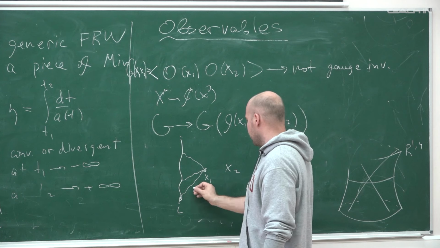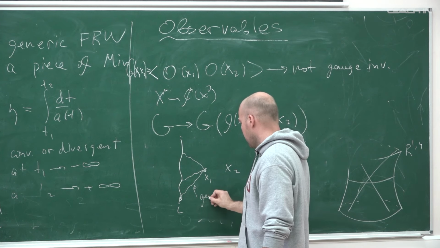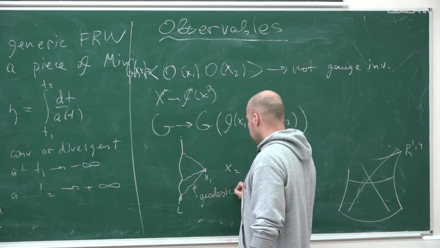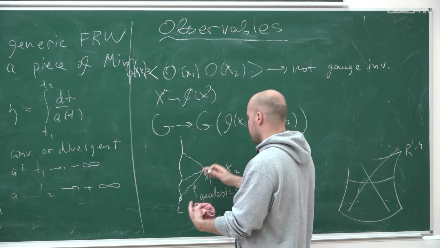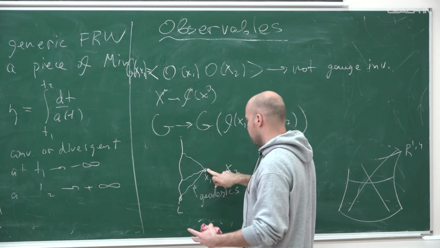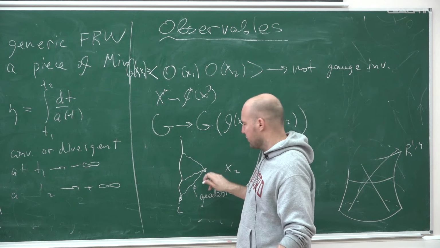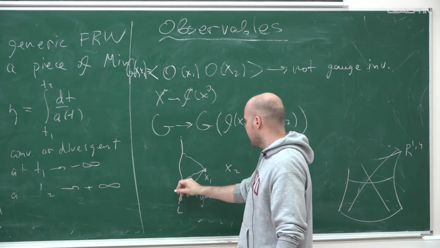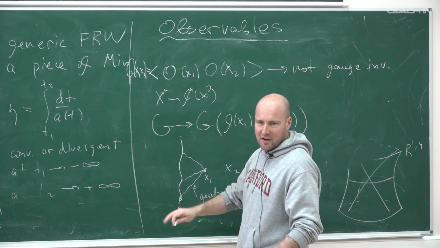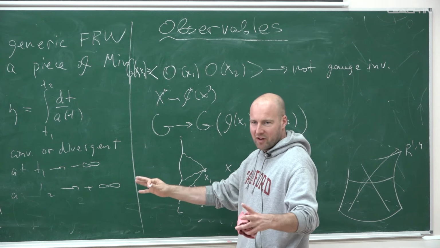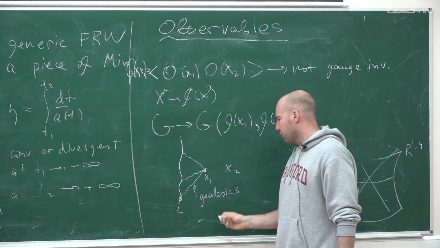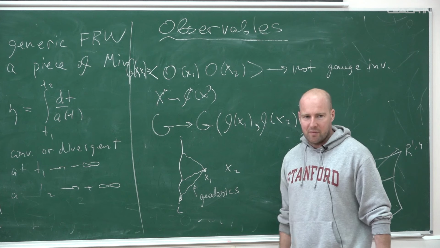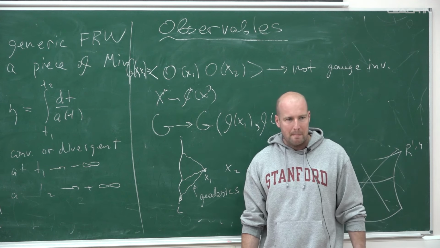So these are geodesics. Now, if you draw enough geodesics, that uniquely determines the point x1, right? If I triangulate everything, for a given curved metric, that uniquely determines this point x1 in terms of lengths of various geodesic segments.